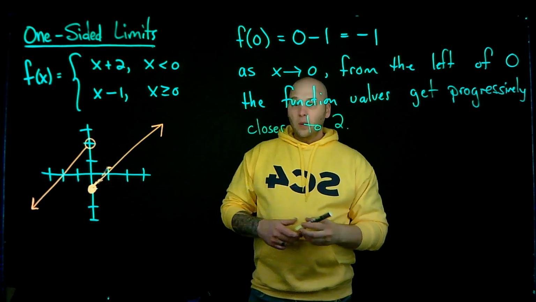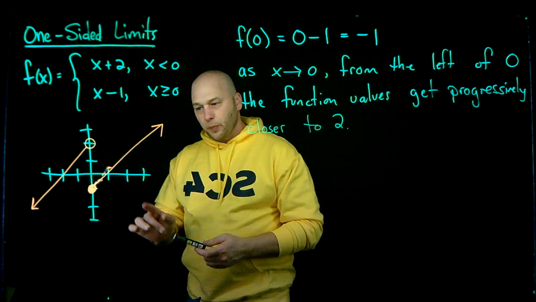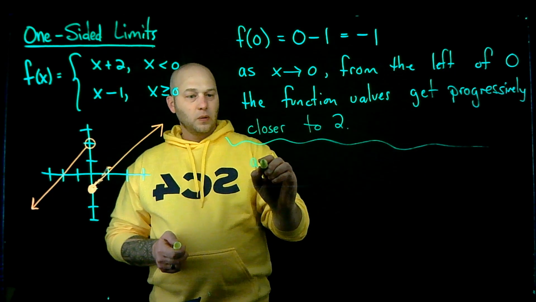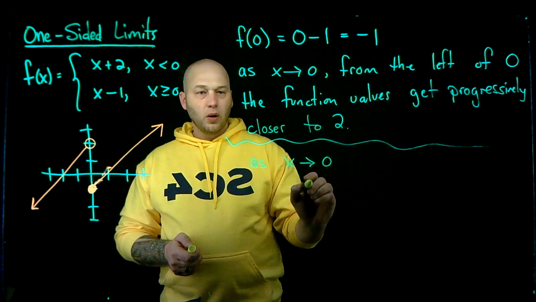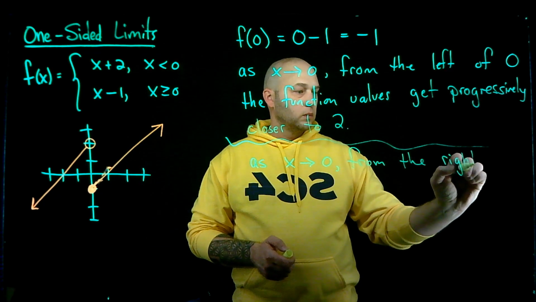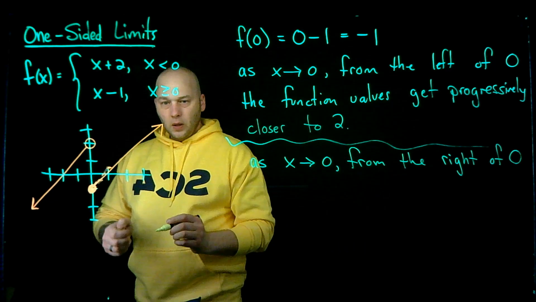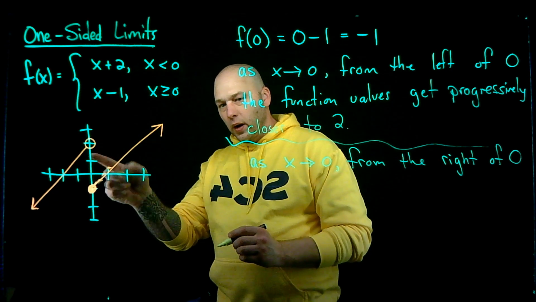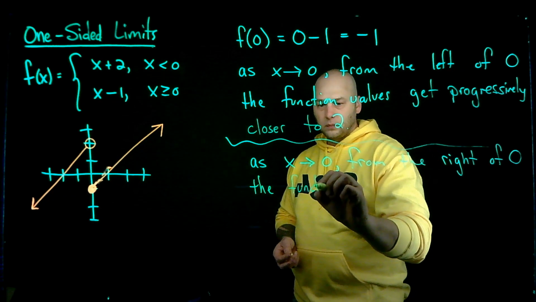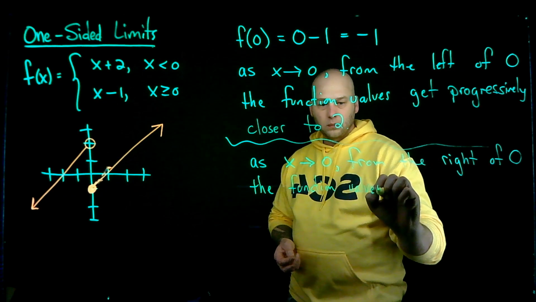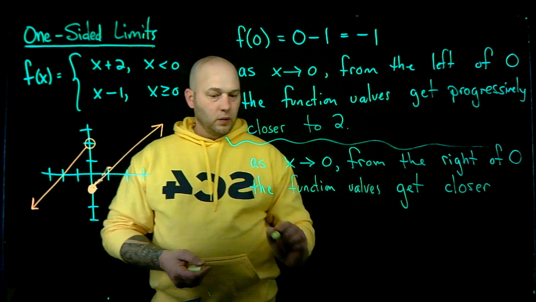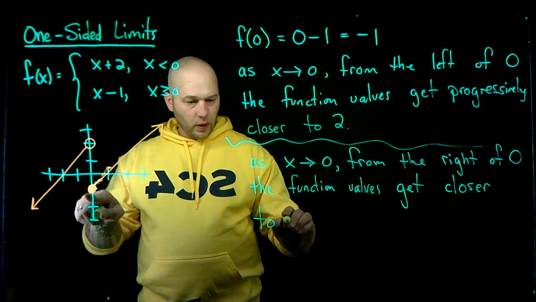Okay. Now, let's approach 0 from the other side. As x approaches 0 from the right of 0, x gets closer to 0, like 1, a half, 0.1, 0.01, etc. The function values get progressively closer to, well, in this case, negative 1.